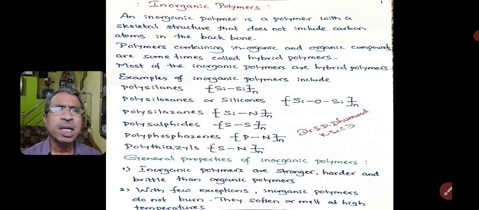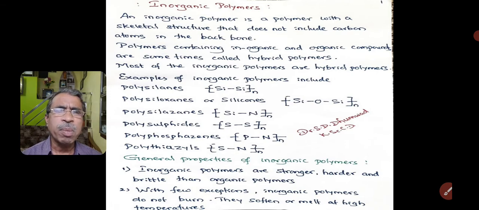So these are examples of inorganic polymers, and they contain, apart from carbon, other elements like silicon, nitrogen, phosphorus, sulfur, oxygen, etc.